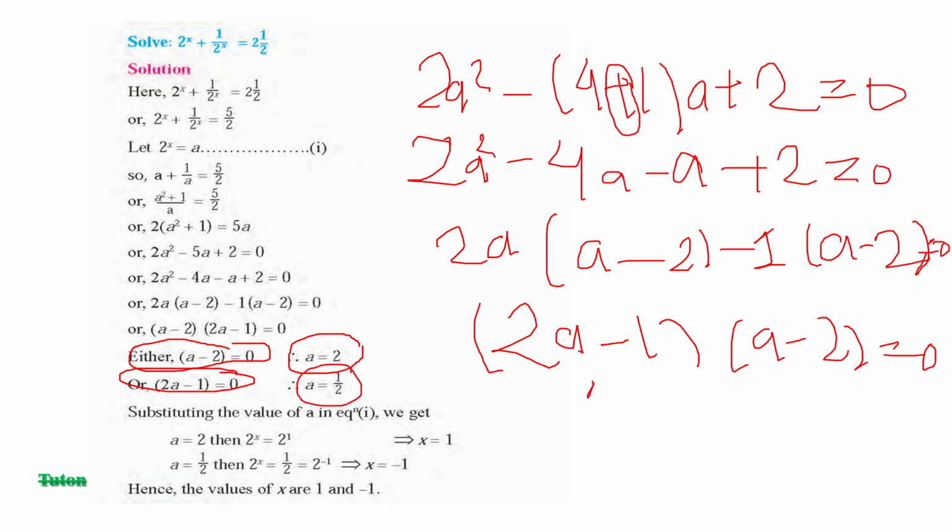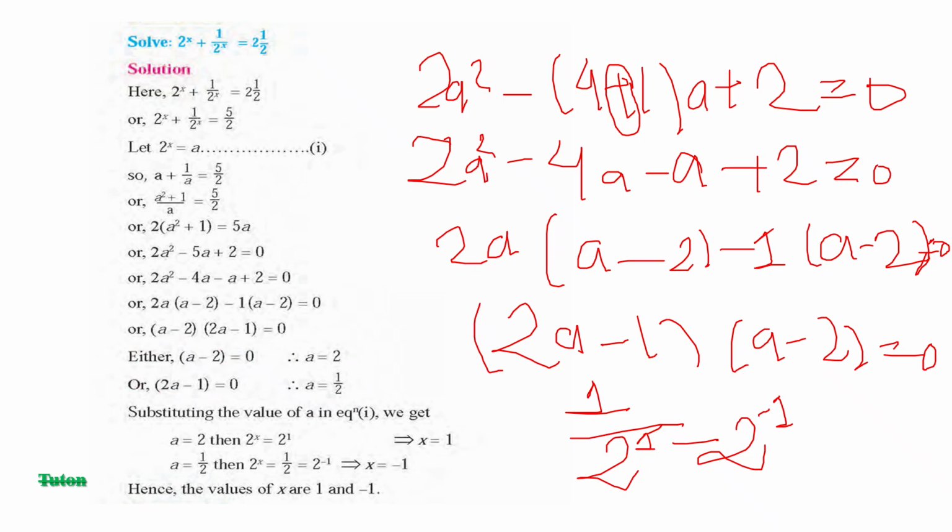Here 1 by 2 can be written as 2 to the power negative 1. Here this question has asked us the value for x, not a, so as we have supposed 2 to the power x is equal to a, we will replace the value of a with 2 to the power x as indicated by this step and by this step.